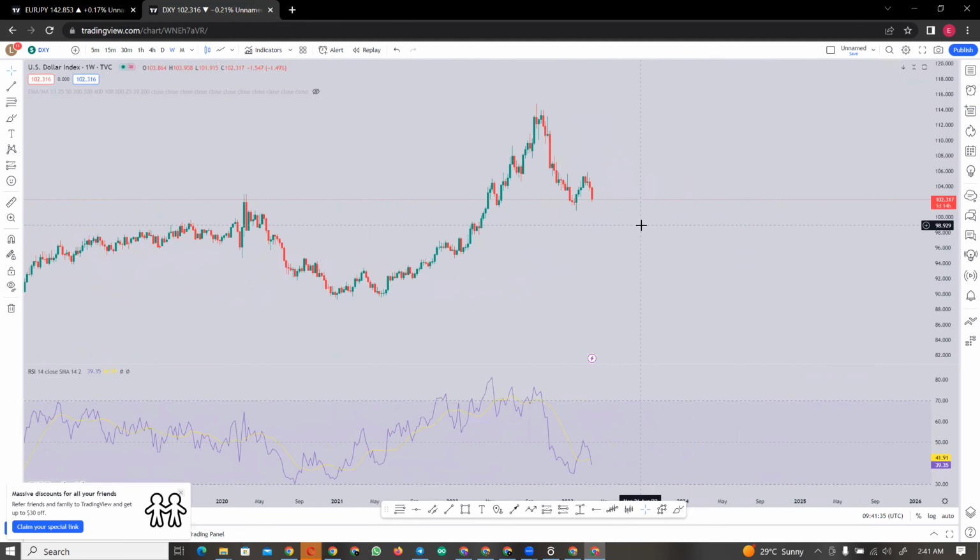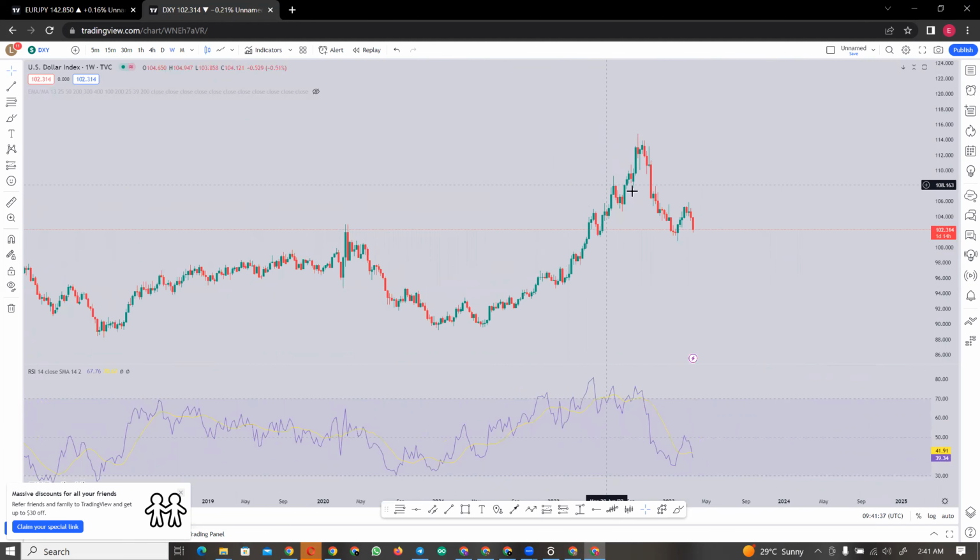On weekly, all these things you are seeing are just daily markups. So this thing that DXY is doing here is like a retest. Then remember what I told you.